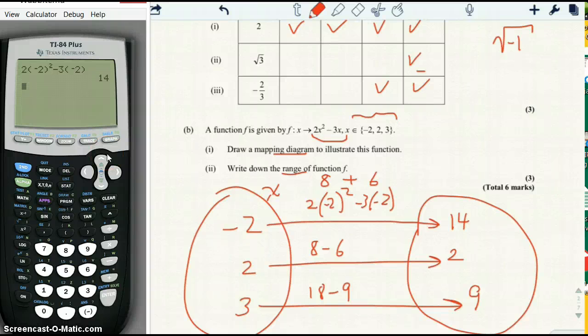Okay, so that's correct. So you can just do those all in your calculator.